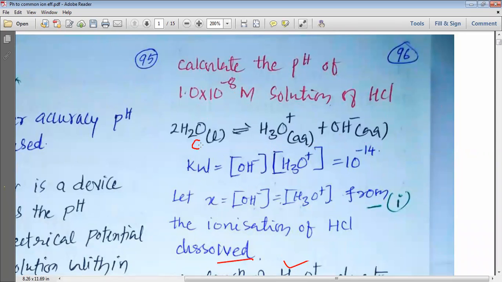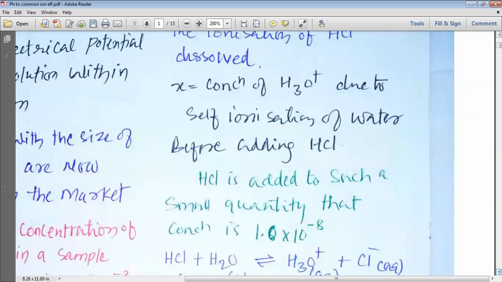Initially it is 0 and 0, but later on at equilibrium, this becomes C minus C alpha, and the concentration of H3O plus would be C alpha and the concentration of OH minus would be C alpha. On that basis we can say that the concentrations of H3O plus and OH minus are equal after ionization. So that is why, if the concentration of H3O plus before addition of HCl was X, then the concentration of OH minus at that time should also be equal to X.